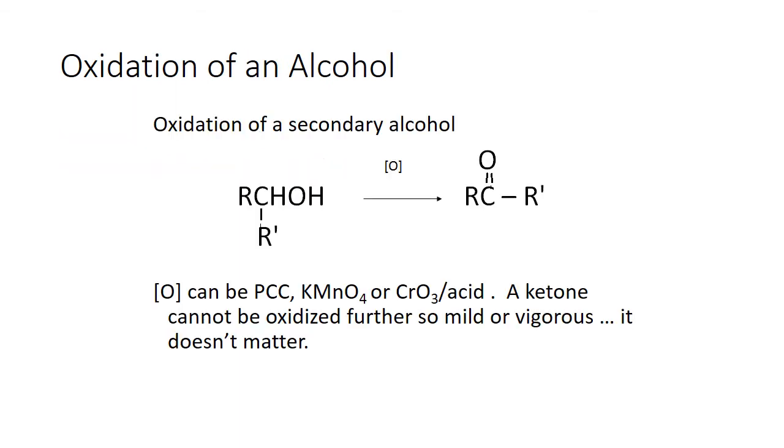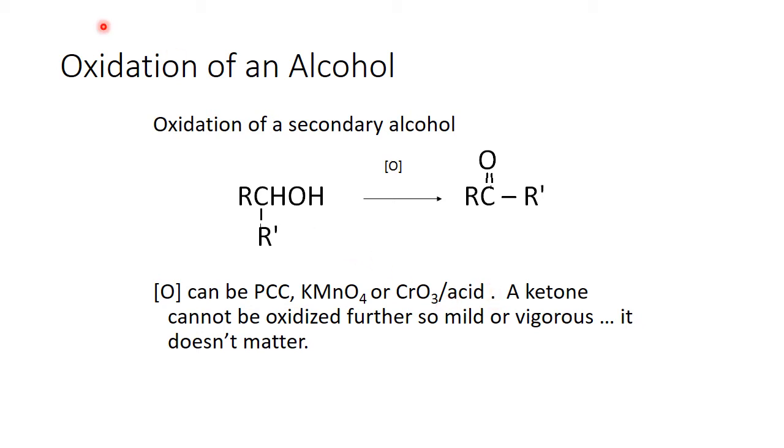So here is a secondary alcohol, and there is a ketone; you can see there are two carbons attached to this carbon. When it's oxidized, whether gently or harshly, there's only one option for it to be oxidized down to a ketone, because there's only one labile hydrogen here. So you can use PCC, potassium permanganate, or chromic acid.